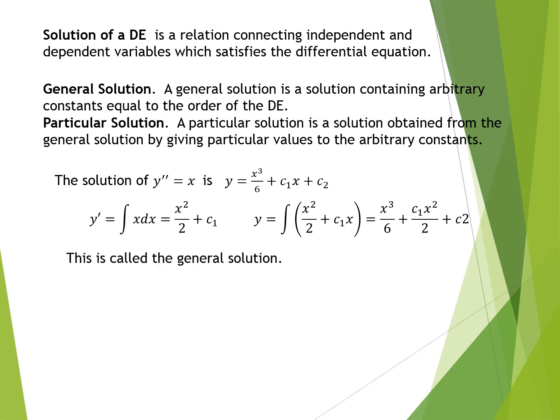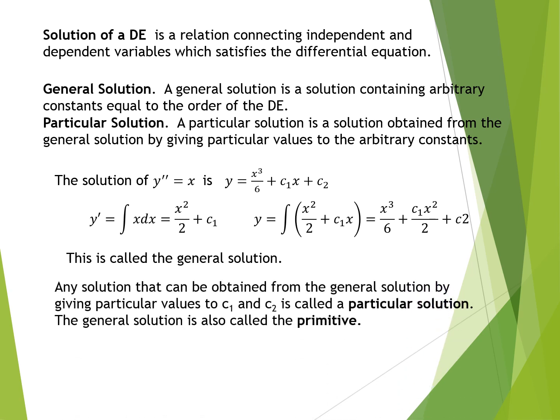This is a general solution because you have c1 and c2 as arbitrary constants. How many arbitrary constants do we have? There are two, and of course this is a second order differential equation. Any solution that can be obtained from the general solution by giving particular values to c1 and c2 is called a particular solution.